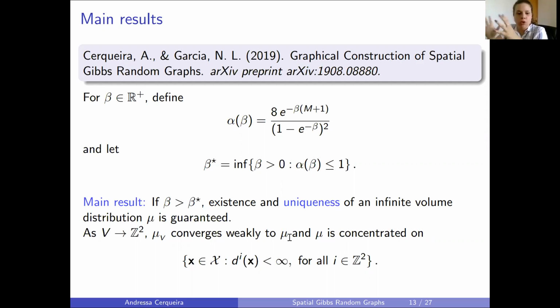Yeah, we have some results comparing both measures, and let me try to remember the results. But it's clear that when you make n go to infinity, like for example the number of vertices, these measures are getting closer to each other, when I compare them using some inequalities that I have.